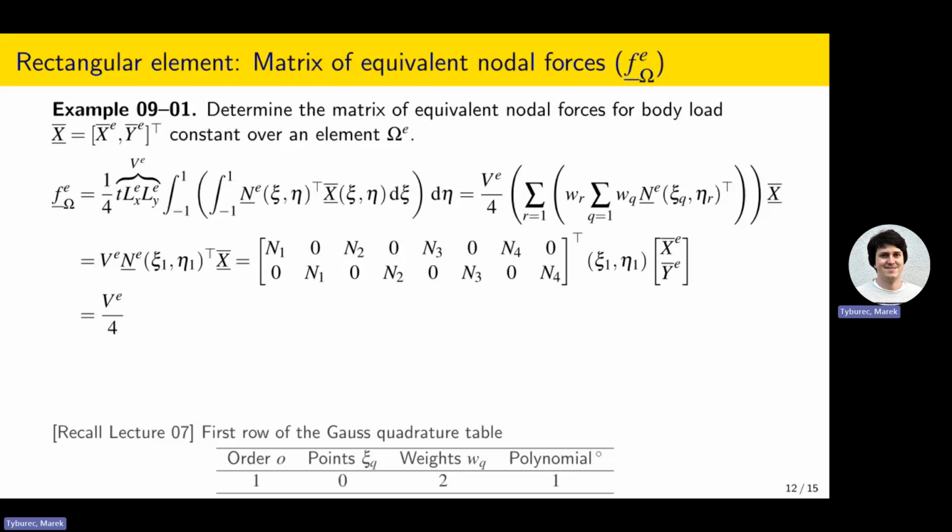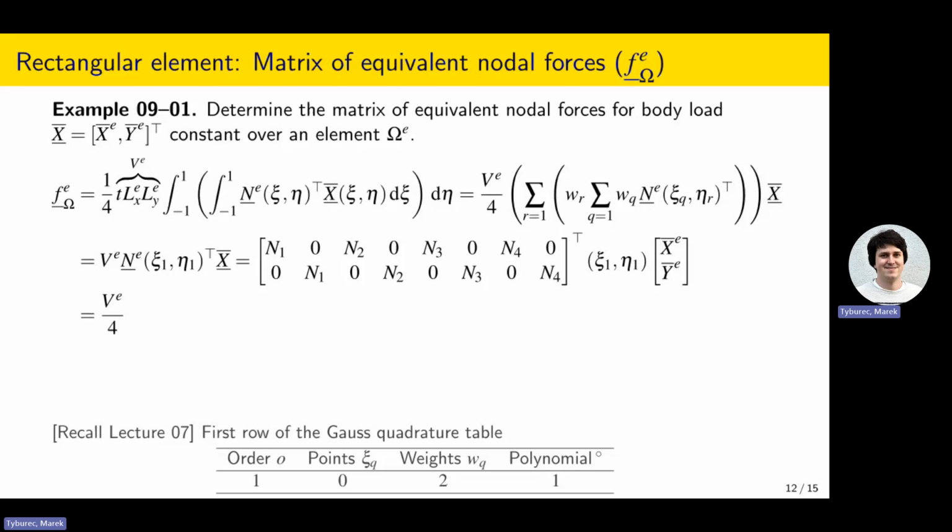What we get is this v, the volume of the element, over 4. We can factor out this 1/4, and then we get the vector. And this vector will contain, indeed, it will be transposed.